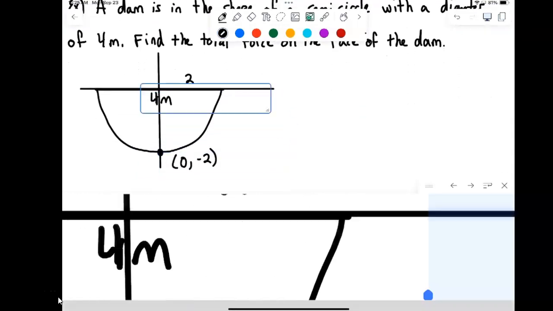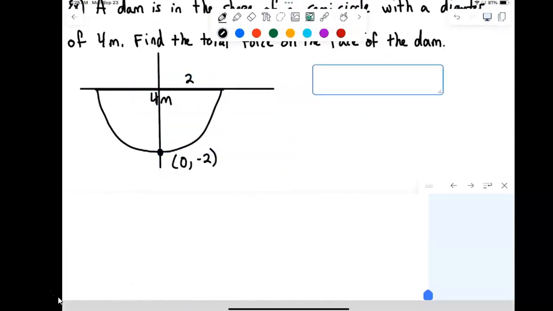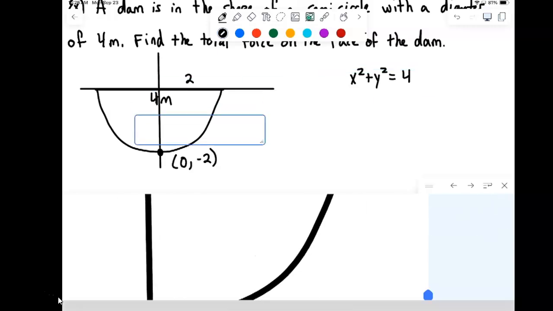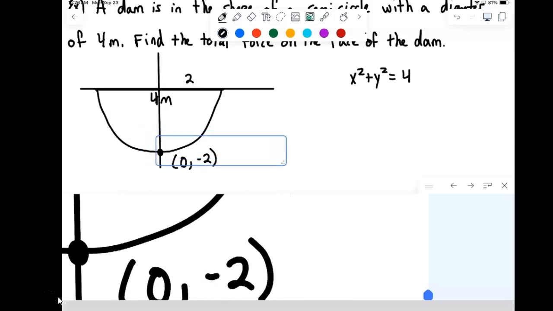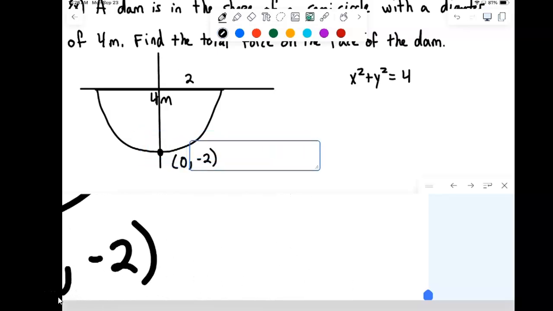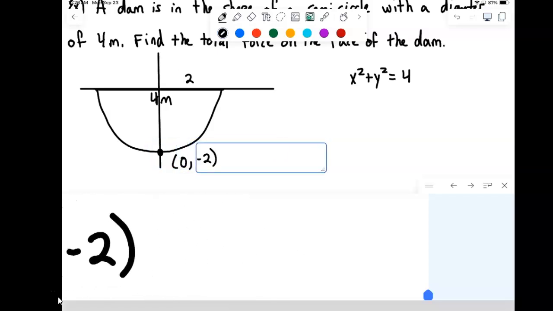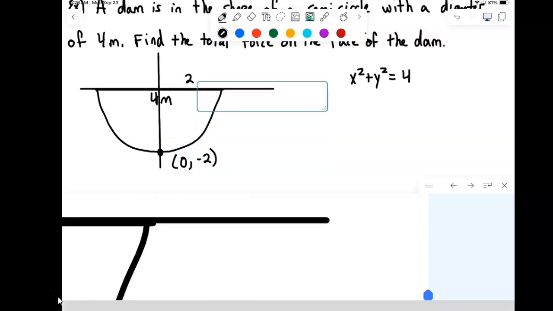So since we have a circle and I'm centering it at the origin, that would be x squared plus y squared equals the radius squared, which should be 4. Now, the way I'm drawing my picture, everything starts down here at -2 as the bottom of the dam, and 0 is the top.